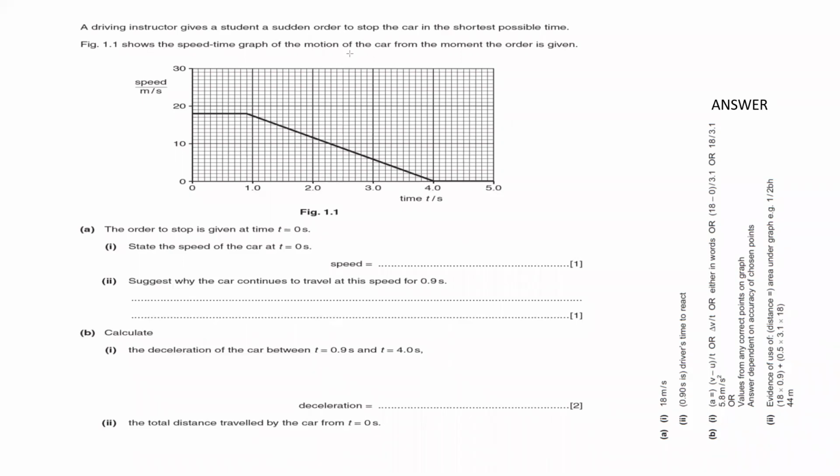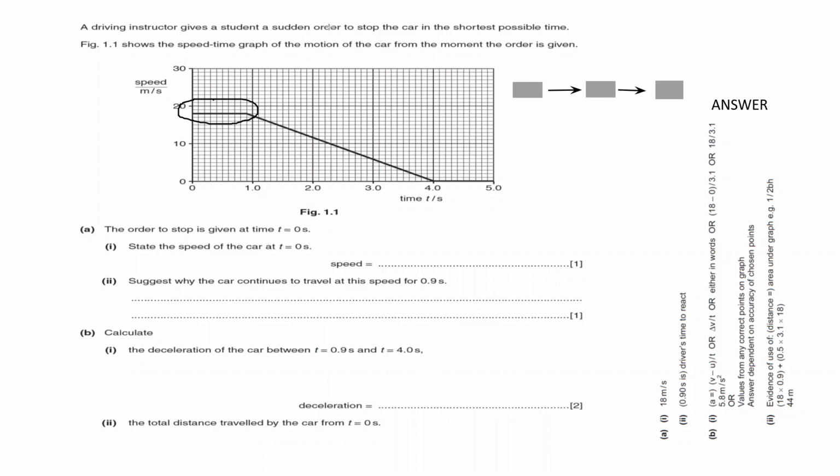So for some time, for example, the car continued to move with a constant speed, as you can see in this part. Even though the order is given, the car continued to move with a constant speed, and then the car slowed down and eventually stopped.